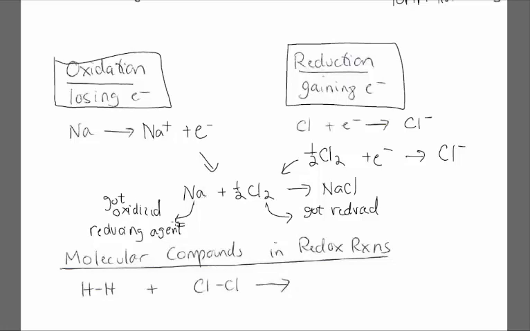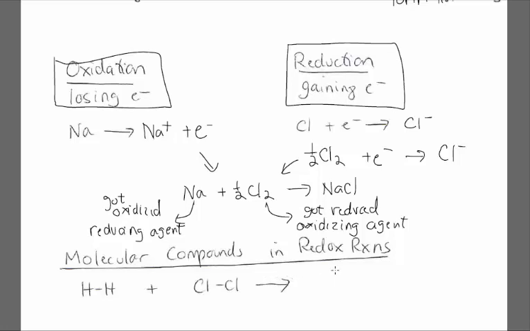So it got oxidized, but it was the reducing agent. It was the agent that caused the reduction of chlorine. Likewise, we say that chlorine, while it got reduced, acted as the oxidizing agent. So it was the agent that caused the oxidation of the sodium. This is a very confusing terminology, but it is used, so you would need to learn this.